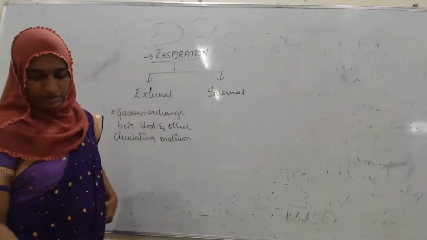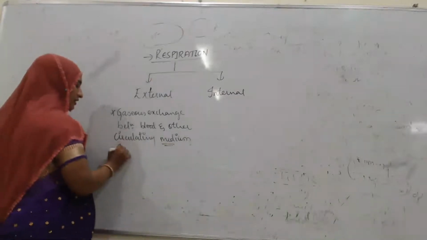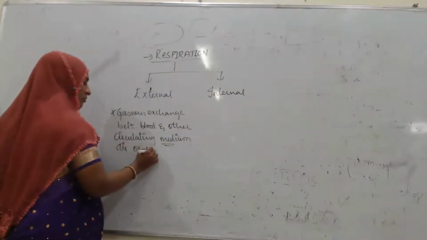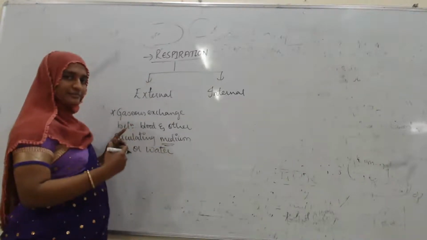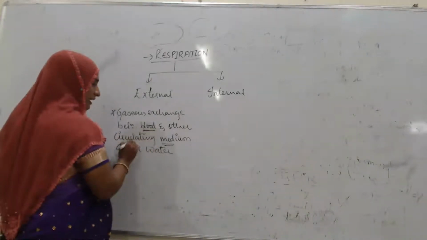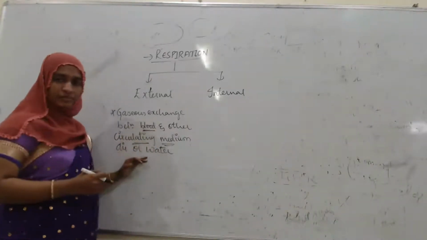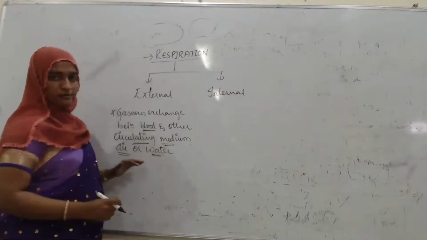And air or the surrounding water constitutes the medium. Gases exchange between the blood and other circulating medium, and what is that medium? Those two sources: air or water.